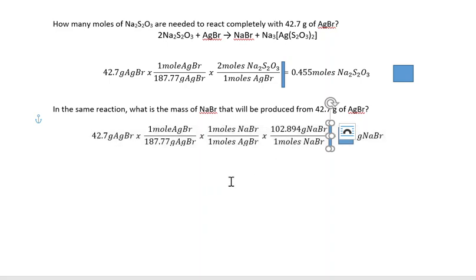So you can see how I could cancel out everything except for my grams of sodium bromide. Grams of silver bromide cancels with grams of silver bromide. Moles of silver bromide cancels with moles. Moles of sodium bromide cancels with moles of sodium bromide. And that leaves me with grams of sodium bromide. And if I multiply that through, I come up with 23.4 grams of sodium bromide.